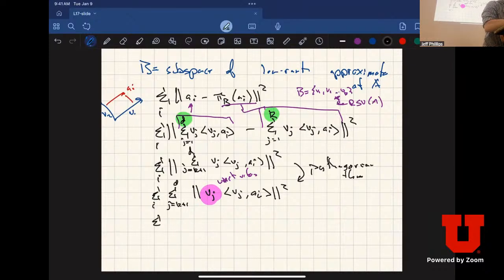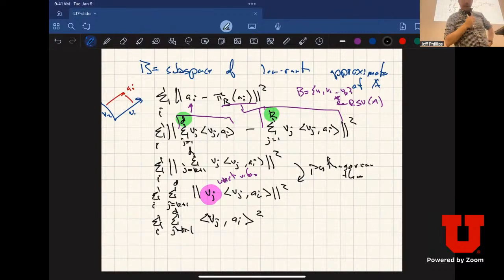So I get sum over i, sum over j equals k plus 1, just Vj dot Ai squared, because this dot product is a scalar and this was a unit vector, so it didn't contribute to the norm, and I can throw that away. Now I can swap the order of the sums up to d.